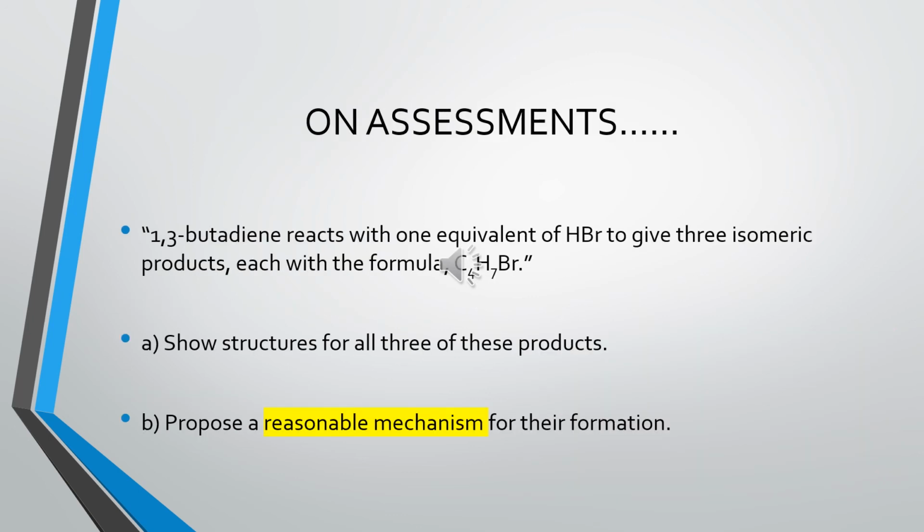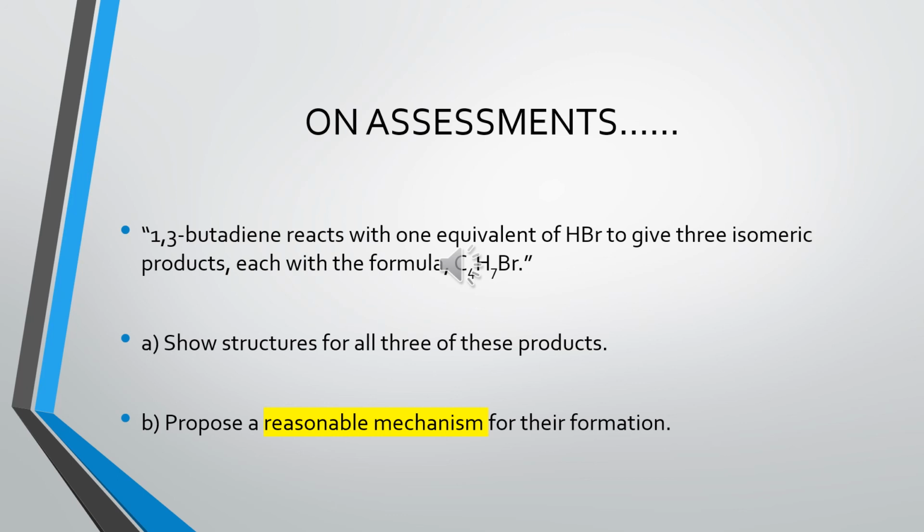All right, so how does this pop up on assessments? This is a very typical problem. You're told that 1,3-butadiene reacts with one equivalent of HBr, and you're given reaction conditions, to give 3 isomeric products, each with a formula C4H7Br.